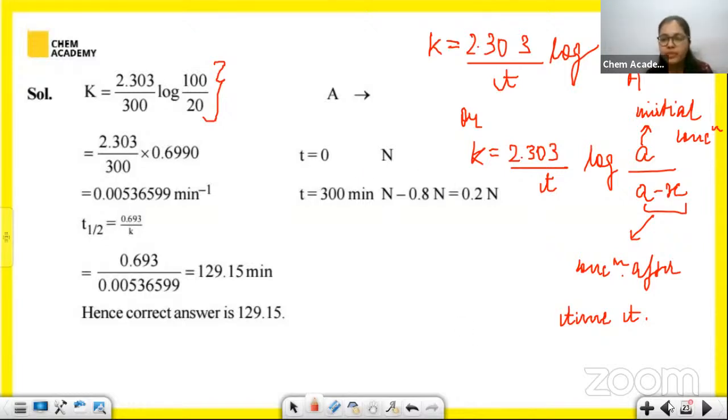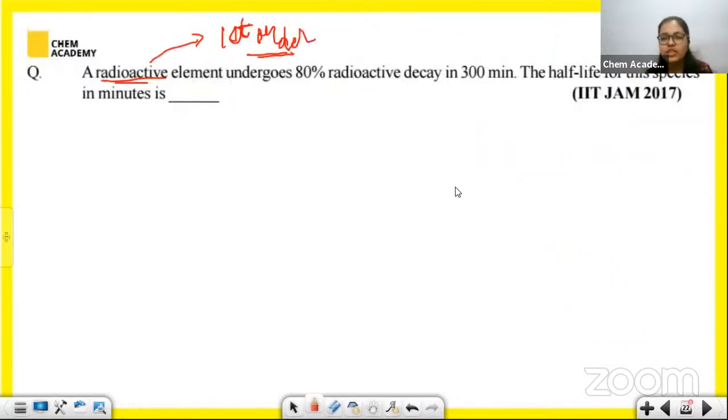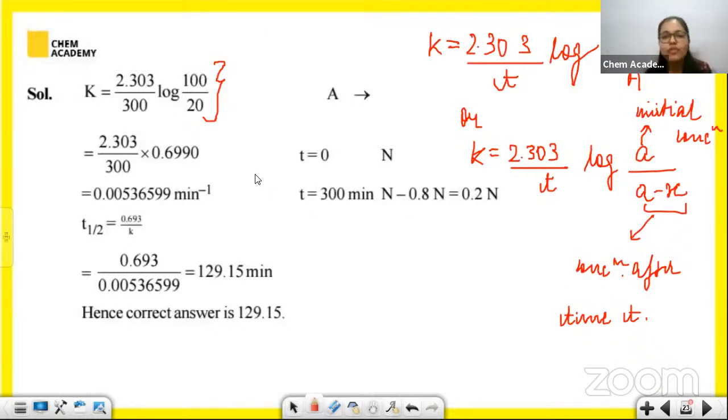Okay. So if we put these values in this equation, we will be able to determine the values very easily. So what were we given in the question? It goes 80% decay in 300 minutes. So first of all, we will determine the value of K from this equation. 2.303, time was given, 300, we have just substituted the value, into log of 100 upon 20. 20 because 80% reaction was completed. If initially we had 100 and reaction was 80% completed, what was the remaining amount? It was 20%.